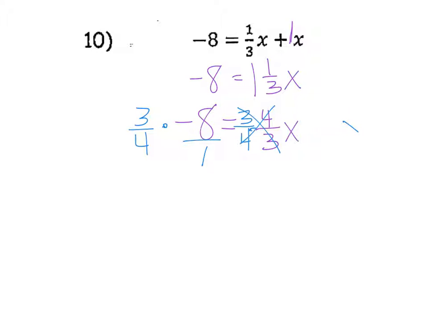But on the left, 3/4 times negative 8/1. I could just multiply straight across and get negative 24/4 equals x. But simplify it: negative 6 equals x.